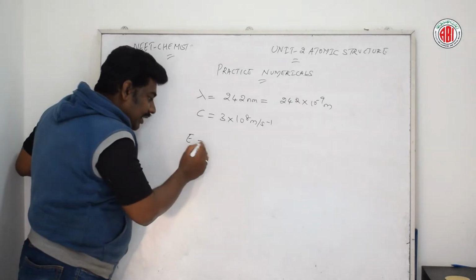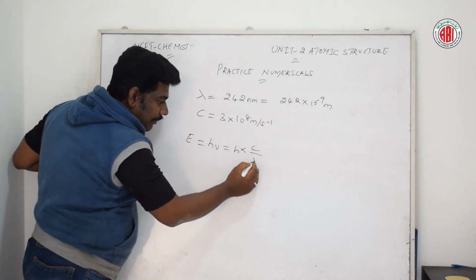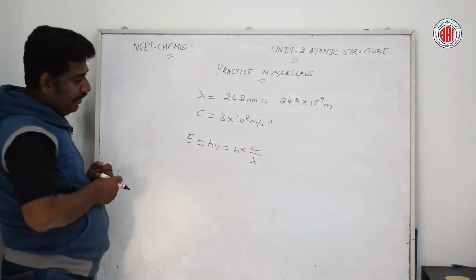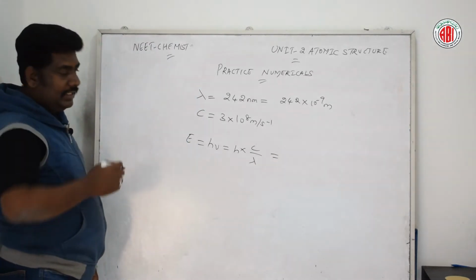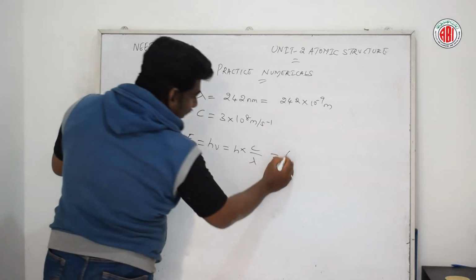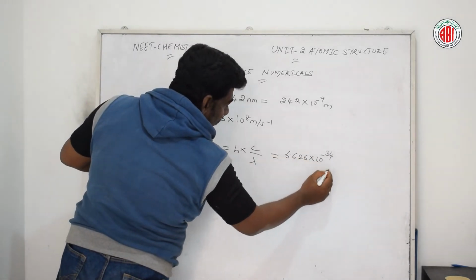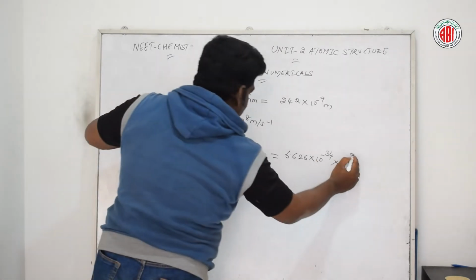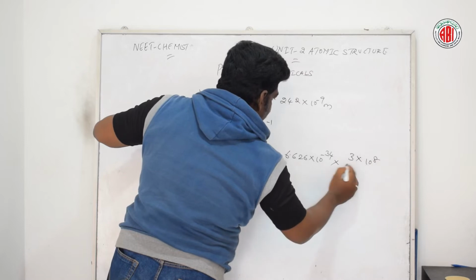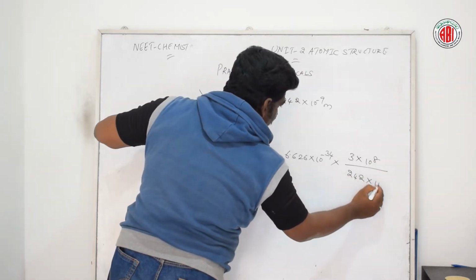E is equal to h nu, that is h into C by lambda, using the formula. For h here we are going to consider joule second, that is 6.626 into 10 to the power of minus 34 joule second, into the C value, 3 into 10 to the power of 8, by the lambda value, 242 into 10 to the power of minus 9.